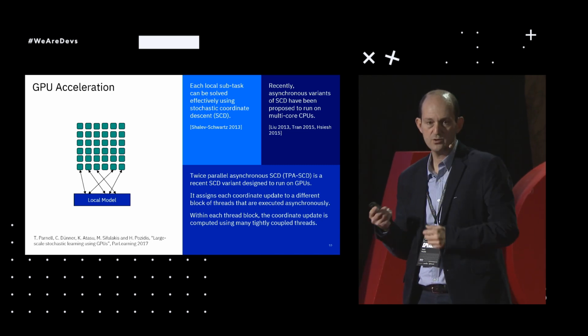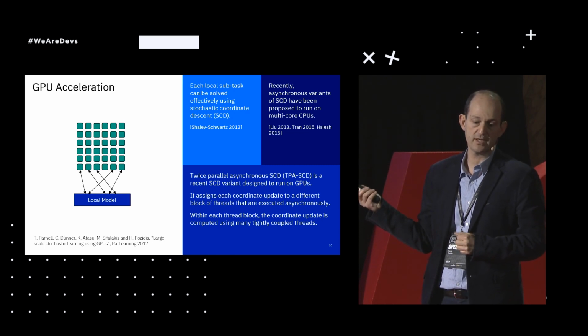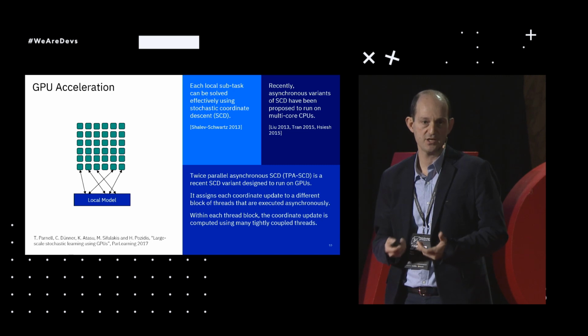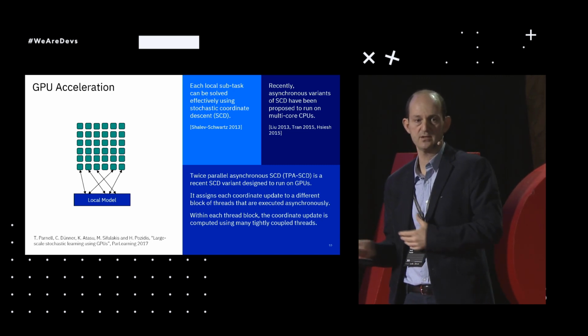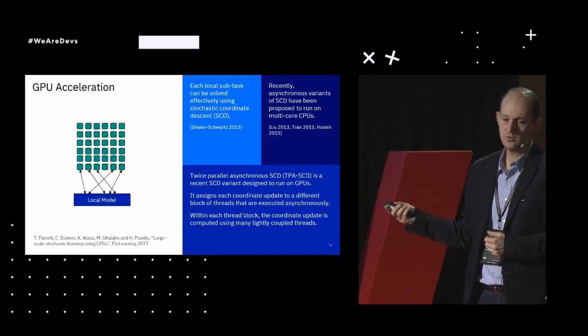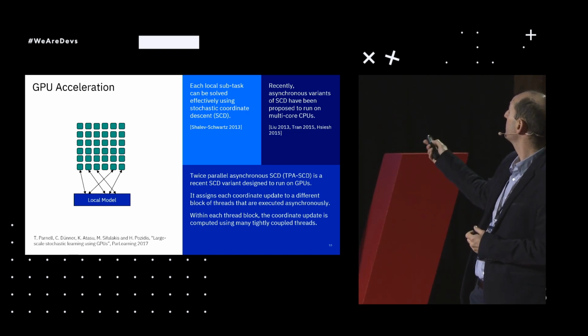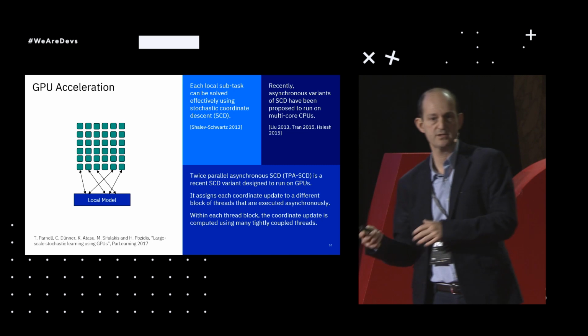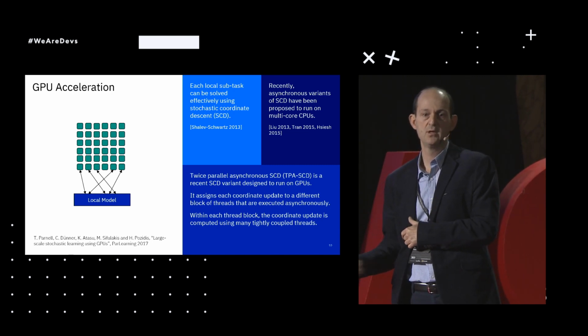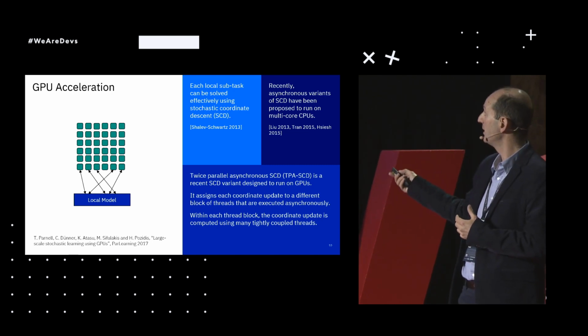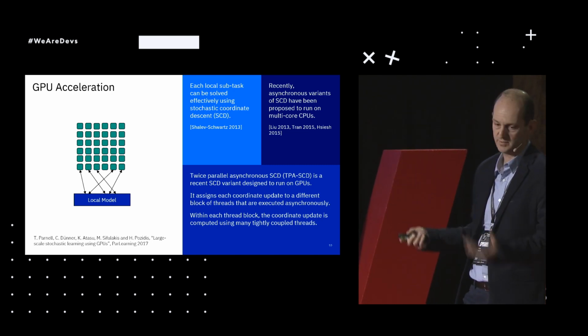It has not actually been shown yet how to do effective parallelization of stochastic coordinate descent on a GPU. People have shown how to do asynchronous variants of stochastic coordinate descent on multi-core CPUs, but as far as we know, we were among the first ones to do it on a GPU.